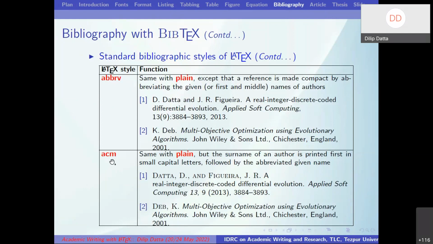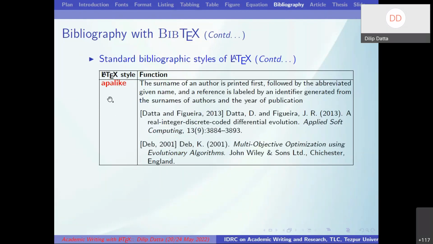Then we have ACM format, where the author's name will be in small capital letters, and the first one will be a big capital letter. Then we have an APA-like format. Here the compiler will generate an identifier for how this will be listed in the reference list. In this way, there are many styles for producing the reference list.